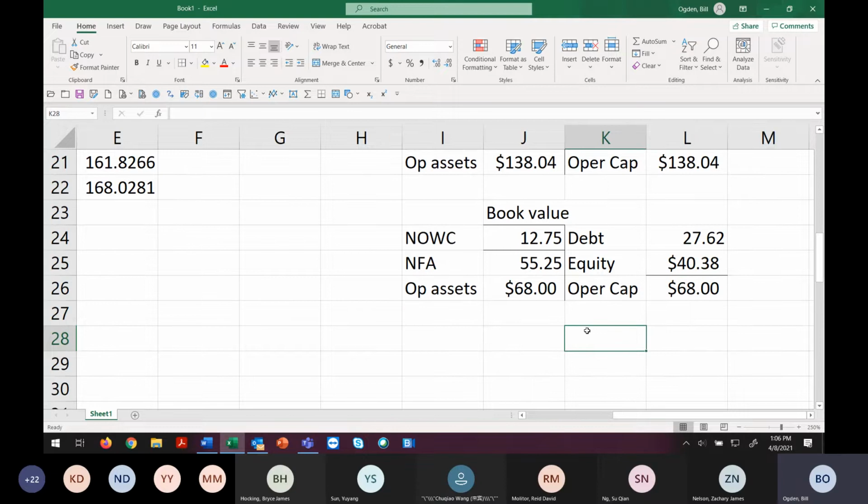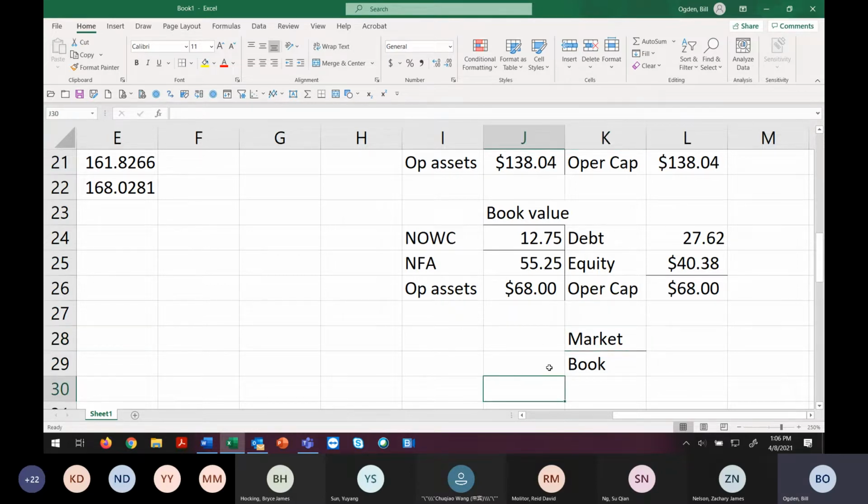We're going to calculate what's called the market to book ratio. Okay, and if you want, let's underline this one, make it look like a ratio. Okay, so the market to book ratio.